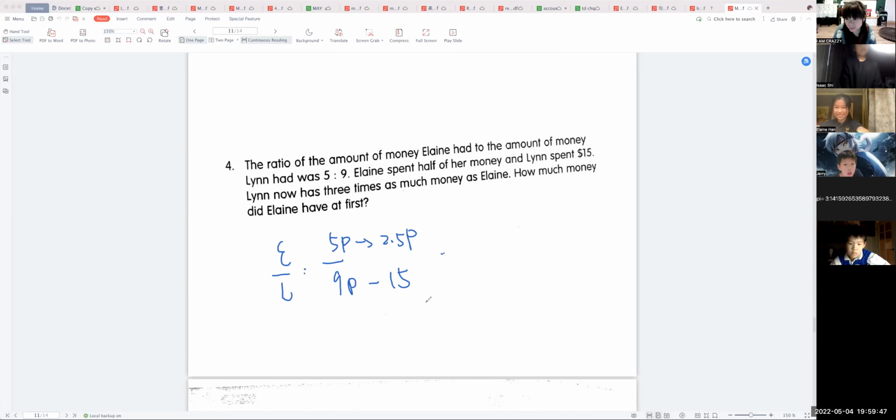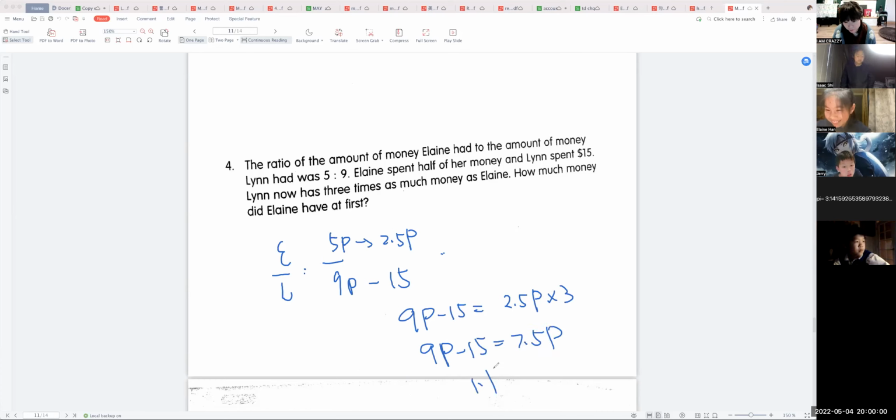So 2.5p needs to times 3. 9p minus 15 equals 7.5p. So 1.5p equals 15. So p equals 10. So how much money did Elaine have at the very beginning? So 5 times 10 equals 50.